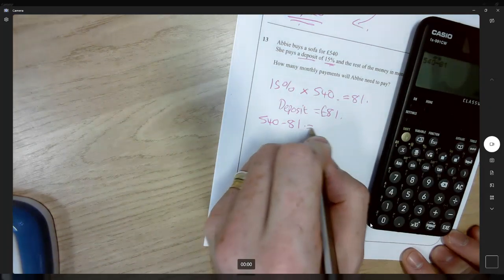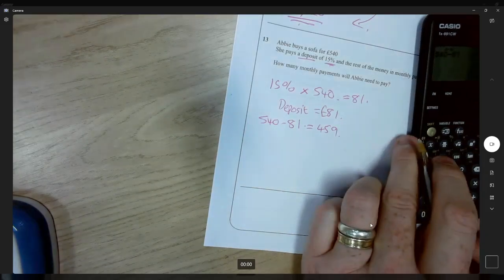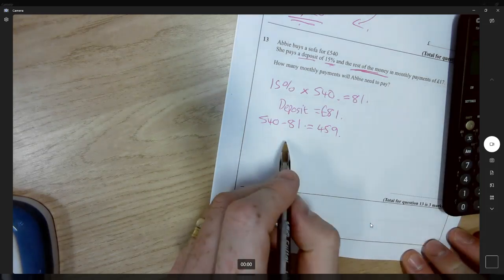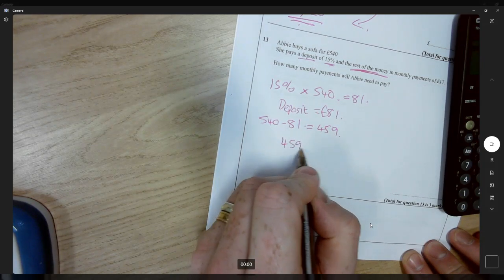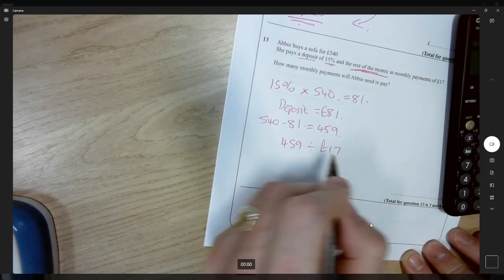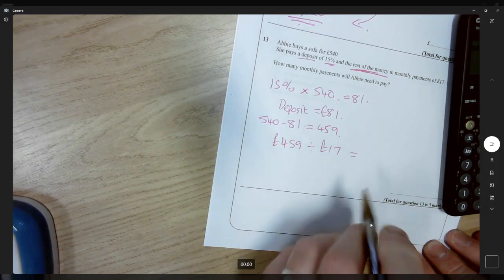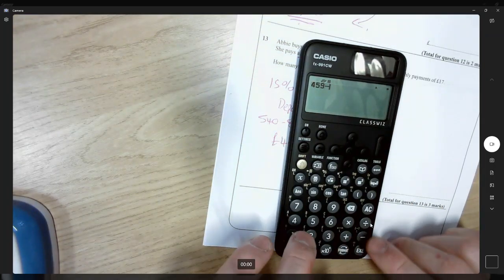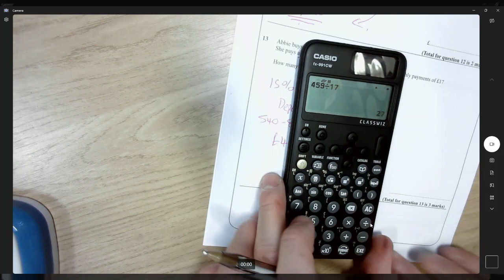And that's 459. And then it says she pays the deposit and the rest of the money is in monthly payments of £17. So 459 divided by £17 a month will tell you how many months it will take. So I'm going to do 459 divided by 17 and I get 27 months.